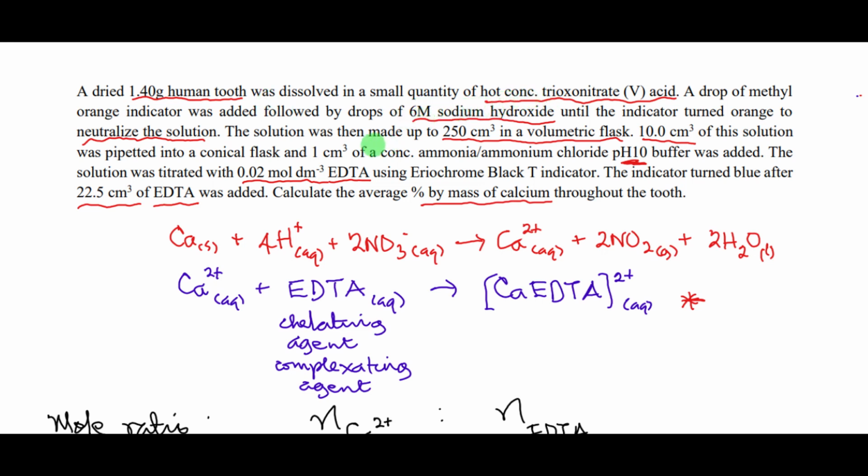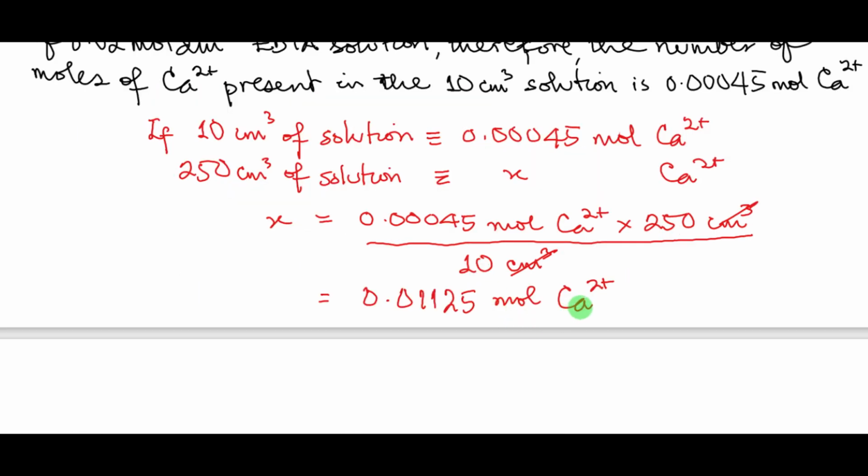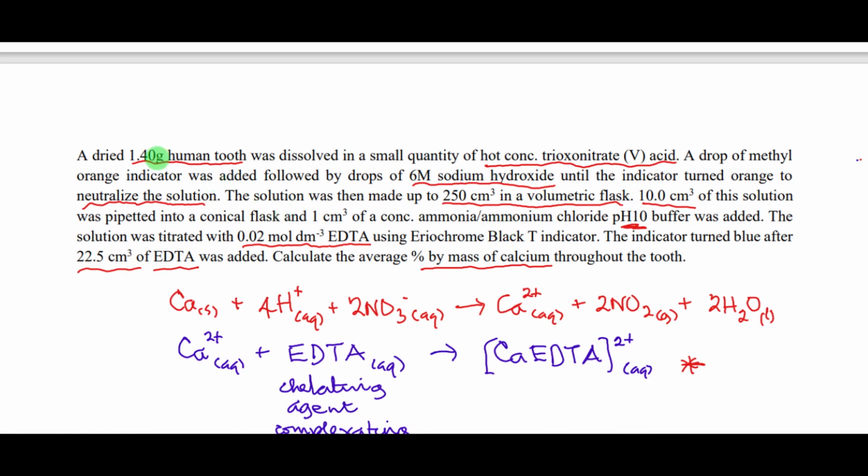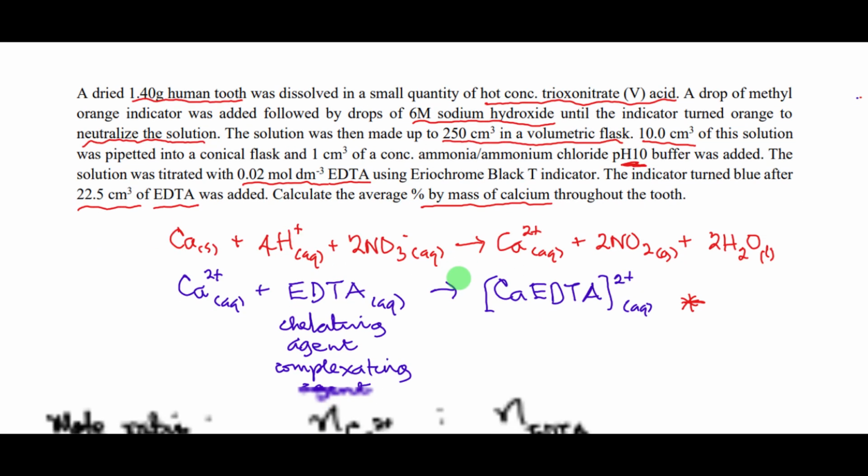Now the solution was then made up to 250 cm cube. This is the main volume of the stock solution that contains the 1.40 grams of the human tooth. So the number of moles of the calcium ion calculated now in 250 cm cube of the solution is what is also present in this 1.40 grams of human tooth.